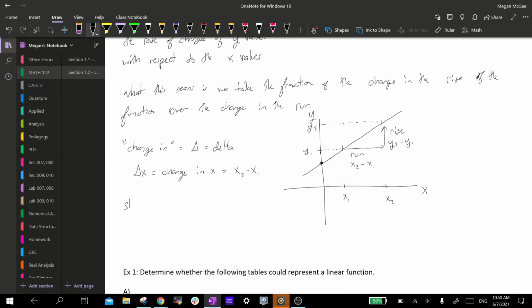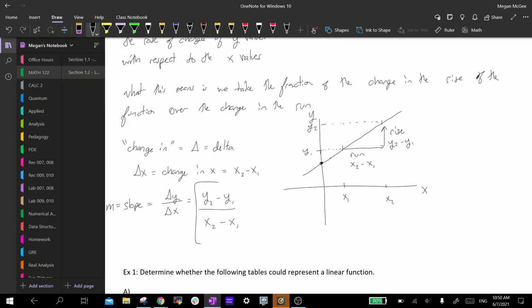So our slope, this is our m value, is our slope. We know it to be the change in y over the change in x. Or we could write this as our y2 minus y1 over x2 minus x1.